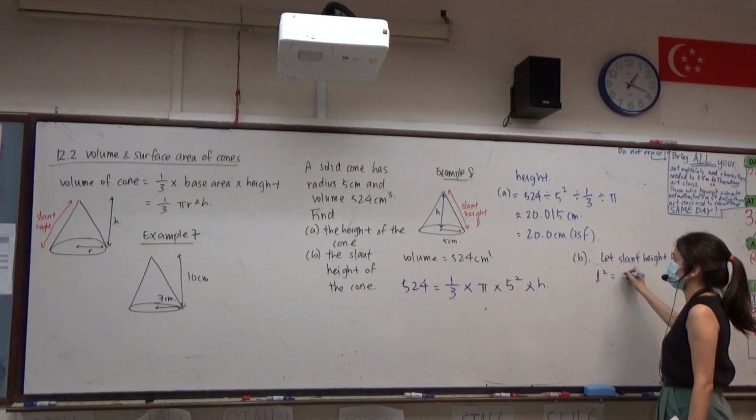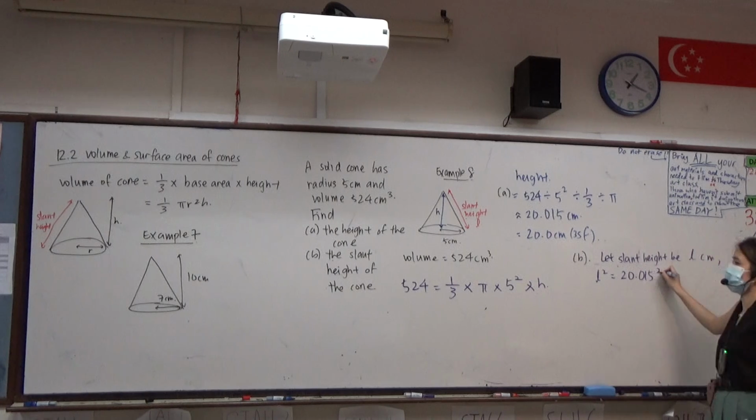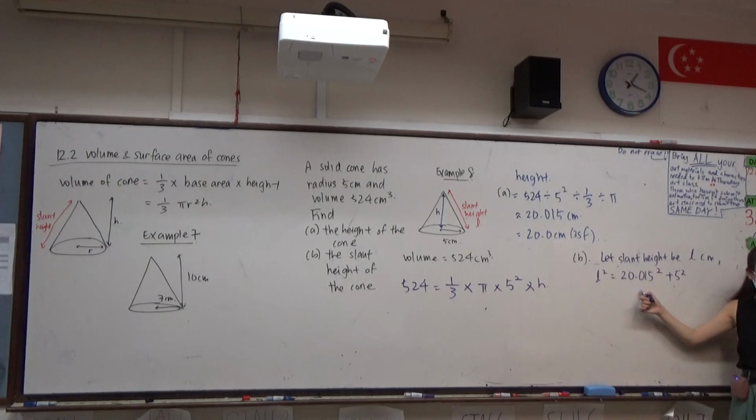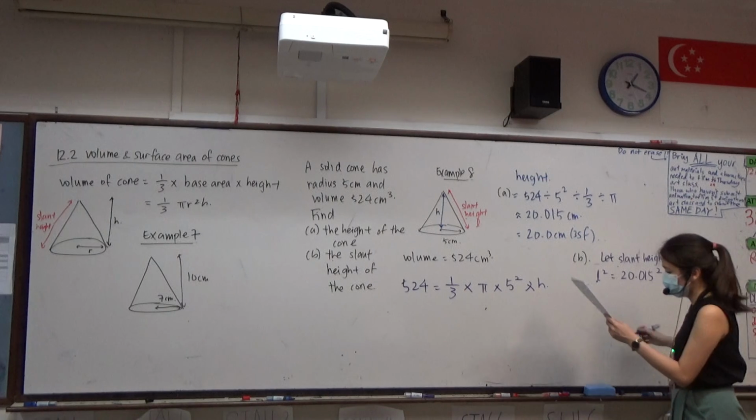So L squared equals 20.015 squared plus 5 squared. Remember truncated 5 SF.